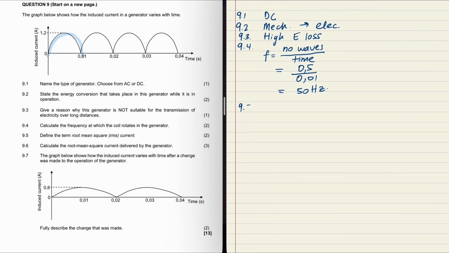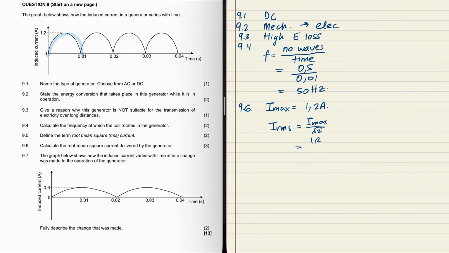Question 9.5, okay, that's the definition. Question 9.6, calculate the root mean square current delivered by the generator. From the graph, we can see that there is a max current, so I max is equal to 1,2 amperes. So IRMS is equal to I max divided by square root 2.